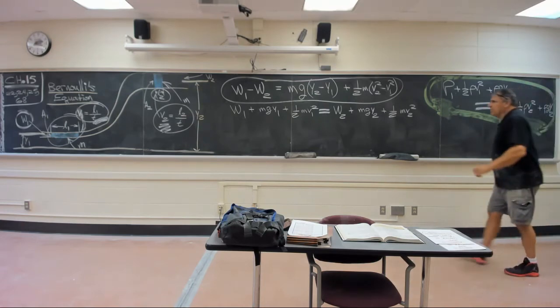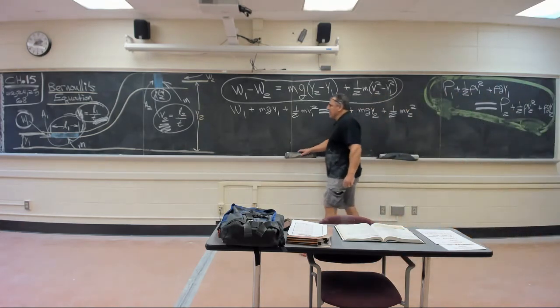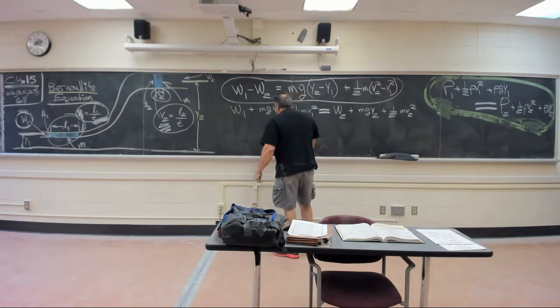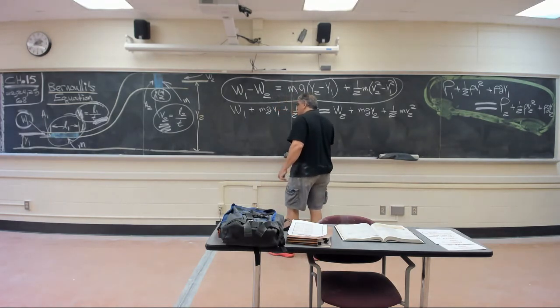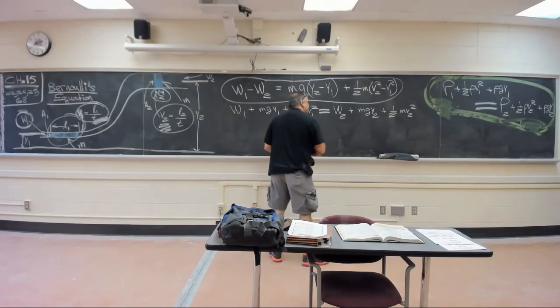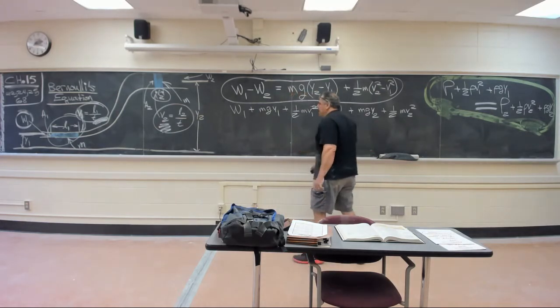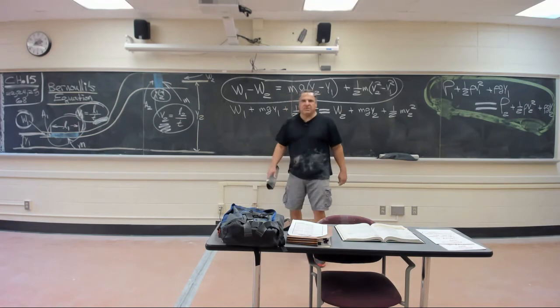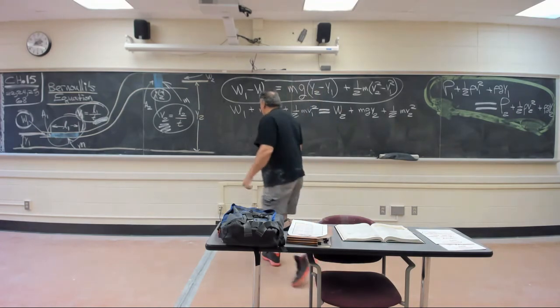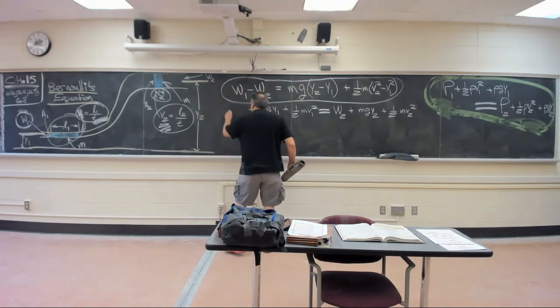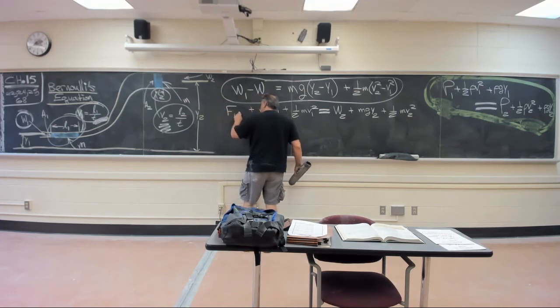Tell you what I'm going to do. Didn't we say, let me cut to the chase on this one, guys, that work is force times distance? So W1 is a force times the distance D1.